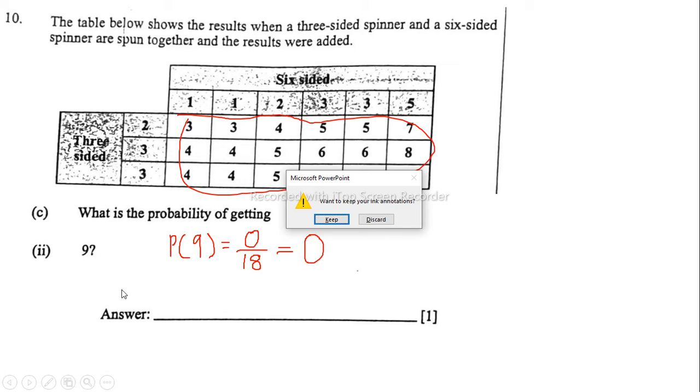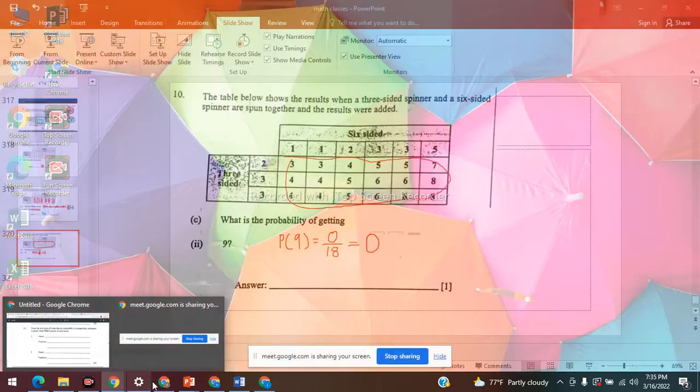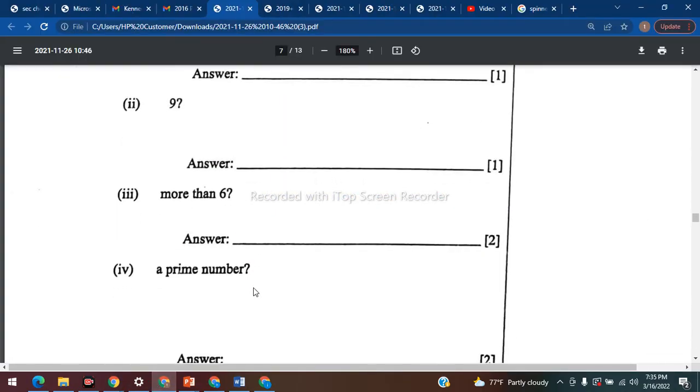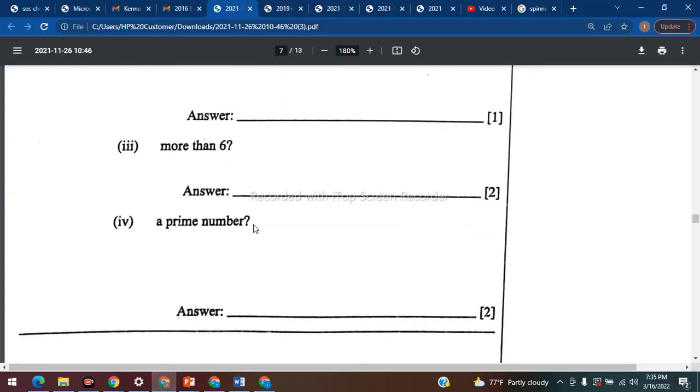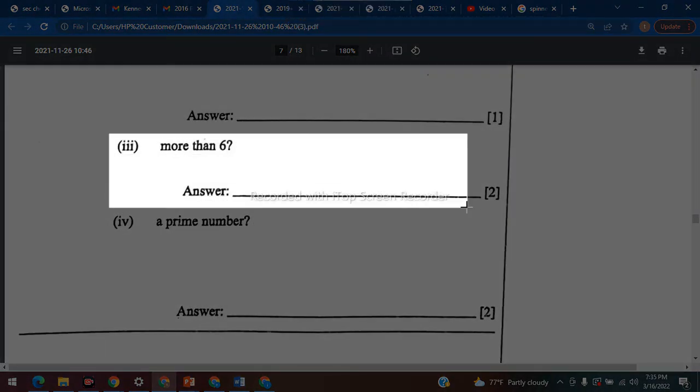Alright, next up we have the probability of more than 6.